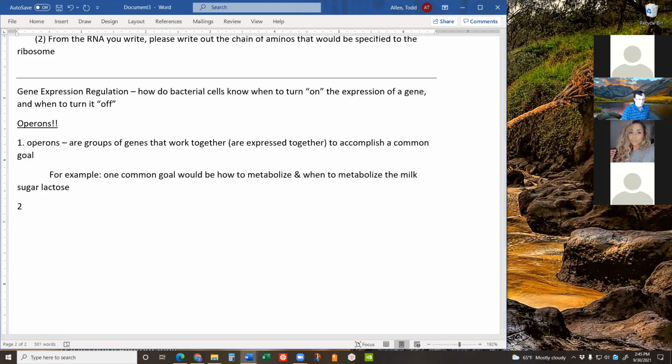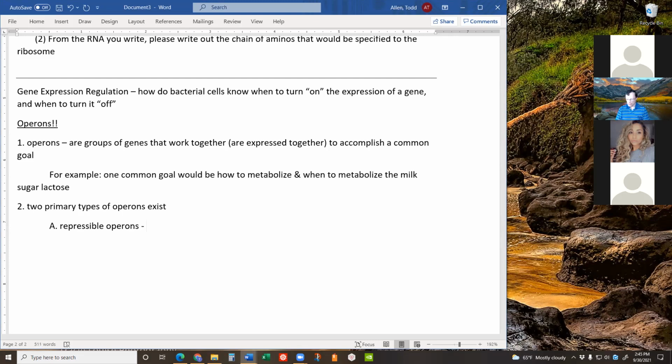Number 2. There are 2 primary types of operons. They are going to be operons that are called repressible operons.